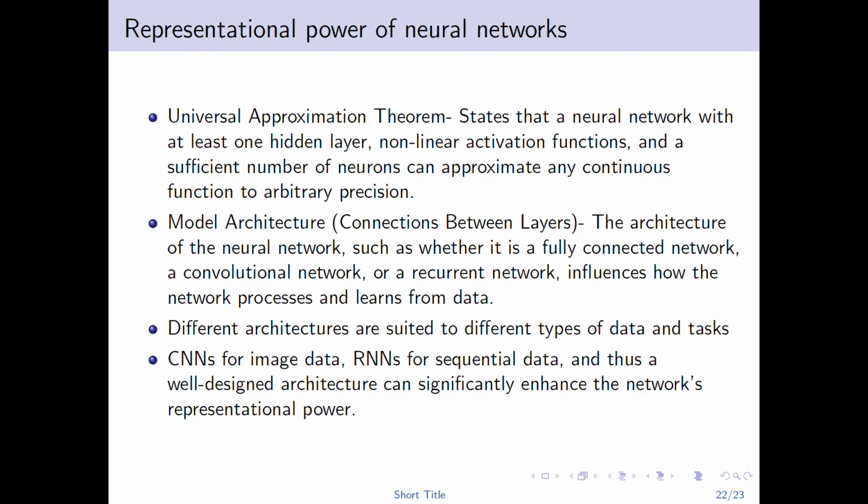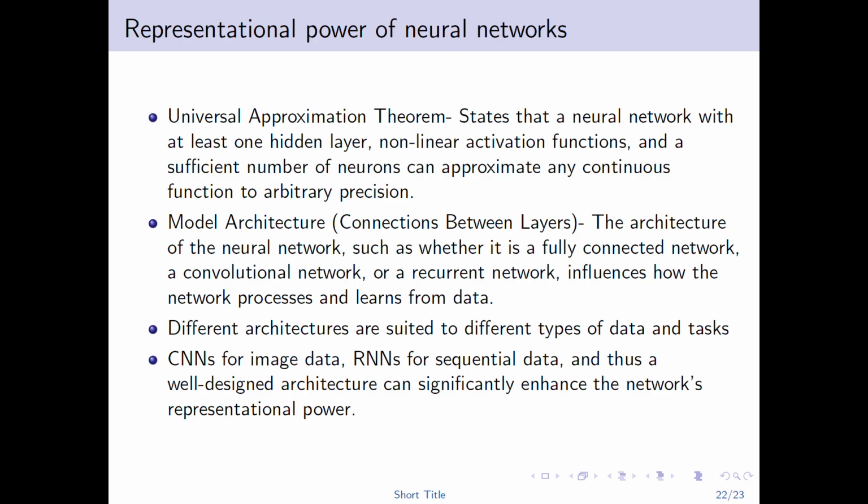Then next, another important factor contributing to the representational power of neural networks is the model architecture itself. That is, the number of connections between the different layers, whether the architecture is a fully connected network, a convolutional neural network, or a recurrent neural network. All these architectural factors contribute to the representational power of neural networks.